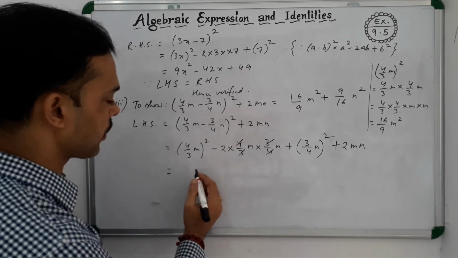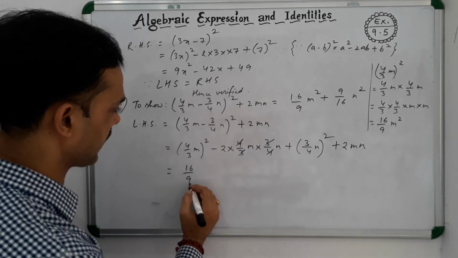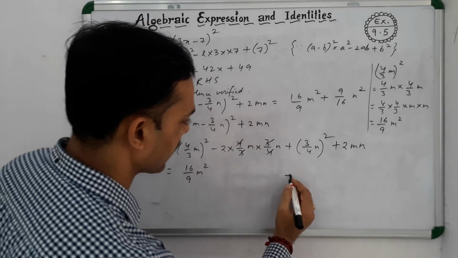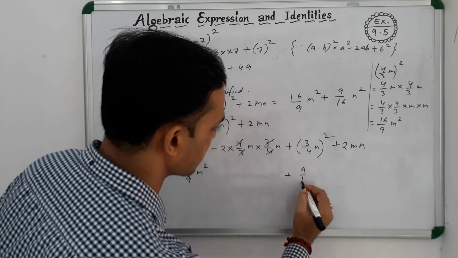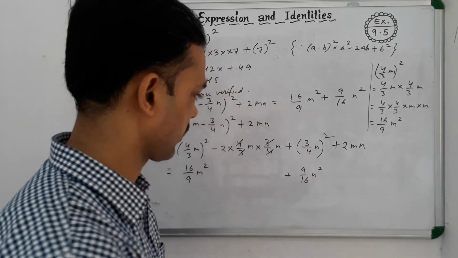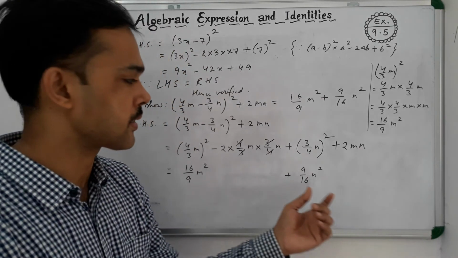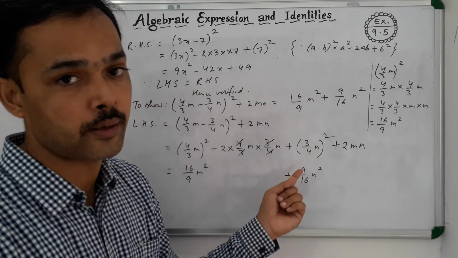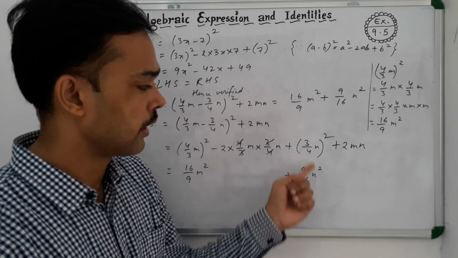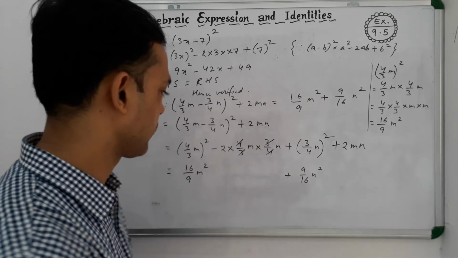In the same manner, over here we get 9 by 16 n square. Why? 3 into 3 will be 9, 4 into 4 will be 16, n into n will be n square.